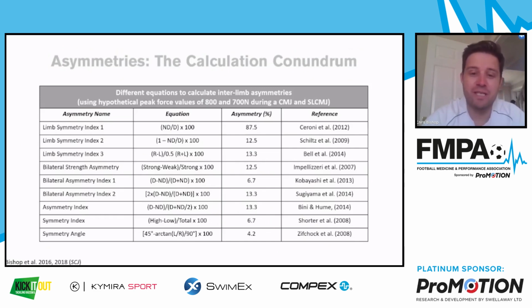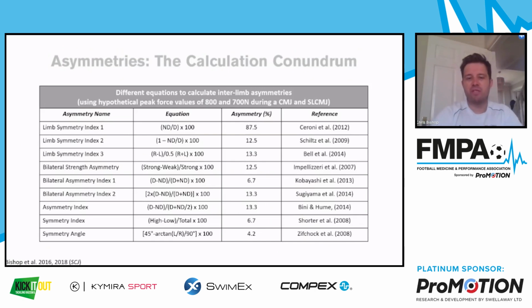And what we noticed is that there's actually some quite subtle differences in the way that the formulas or the equations are set up. So, for example, if you take the bilateral asymmetry index 1 and the bilateral asymmetry index 2, you can see that they're the same, except the second one just multiplies everything by 2 at the beginning.